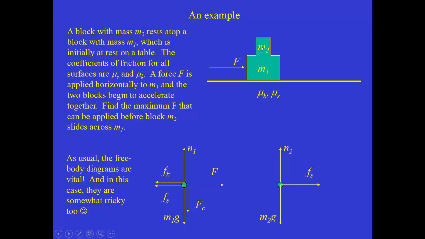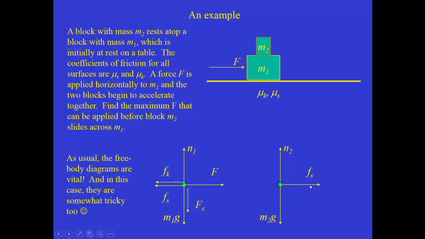And so since we now have a situation with friction, what's happening then is the frictional force acts on M2 to resist that situation. So the frictional force F sub S acts to the right because otherwise, if there were no friction, M2 would appear to slide to the left relative to M1.